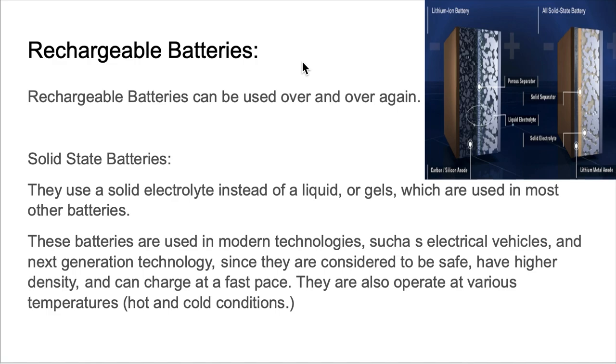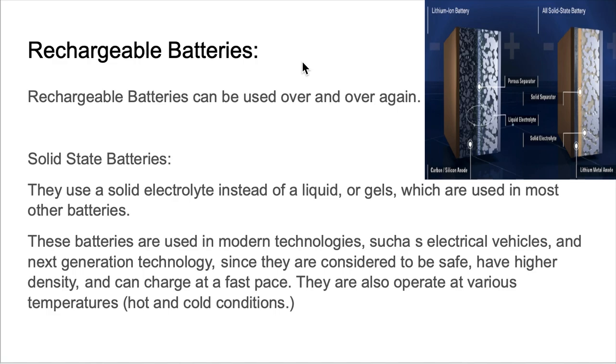That's because the reactants in the chemical reaction of these batteries don't get depleted. It's a different type of chemical reaction, and the reactants are different than those of the non-rechargeable batteries.